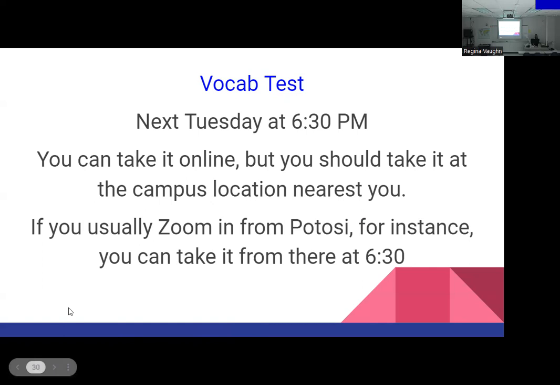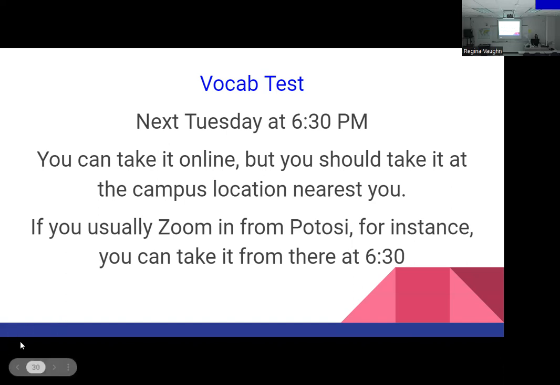You will need a device that is capable of opening a Google form, because that's how you'll record your answers. So, if you need a laptop or a tablet or whatever, if you can use Google form on your phone, use whatever you want.